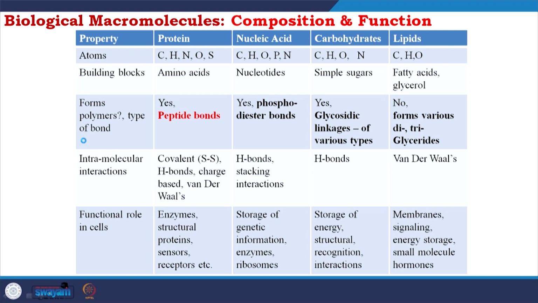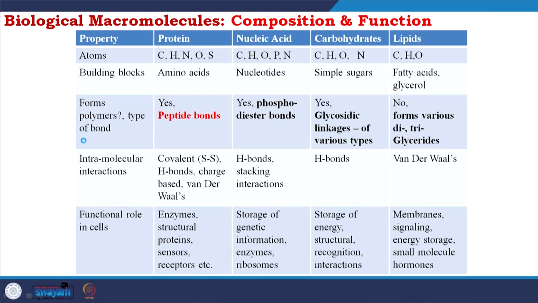Can they form polymers? If yes, what is the bond type? Protein, yes, it can form polymers. The bond type is peptide bond. Nucleic acid, yes, the bond type is phosphodiester bond. Carbohydrate, yes, glycosidic linkages of various types. Note the various types. The presence of various types of bonds makes it difficult to study carbohydrates further.